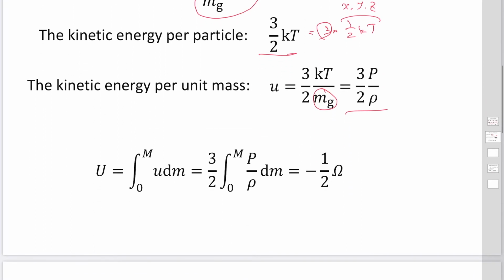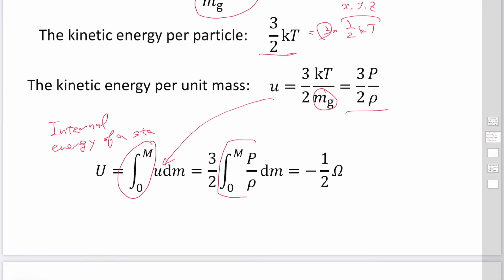To find the internal energy of the star, you have to integrate over the whole star, from 0 to capital M, the total mass of the star. Then you can substitute this equation here. It becomes 3 over 2 times the integral from 0 to M of P over rho dm.